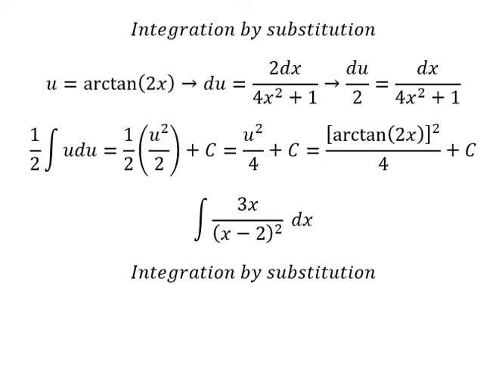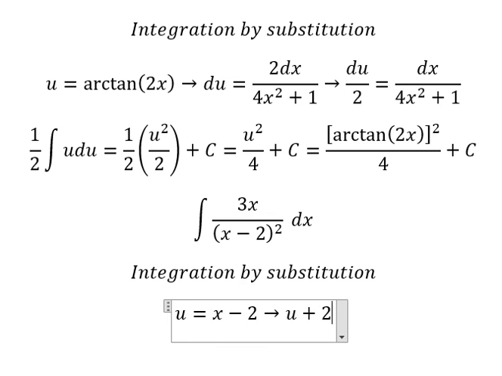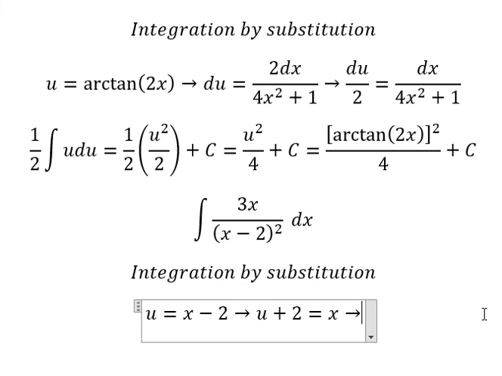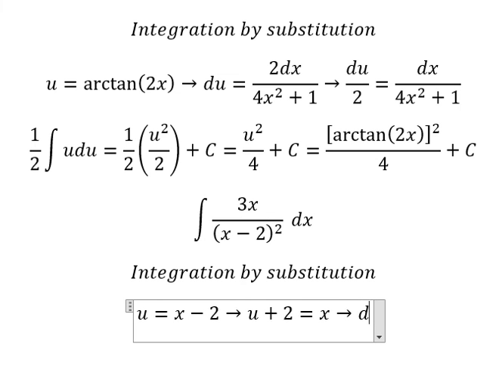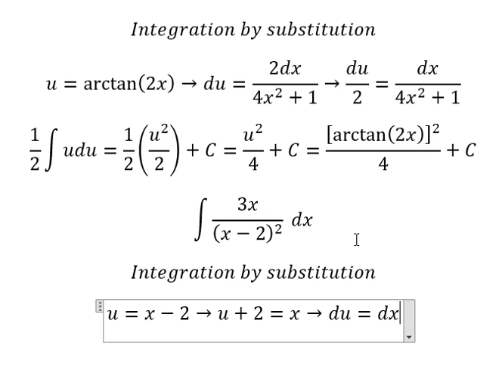So I will put u equals to s minus 2. Because we have s, I will put negative number 2 to the left, and we have u plus 2 equals to s. After that, we need to do first the derivative for both sides, and we have du equals to ds.